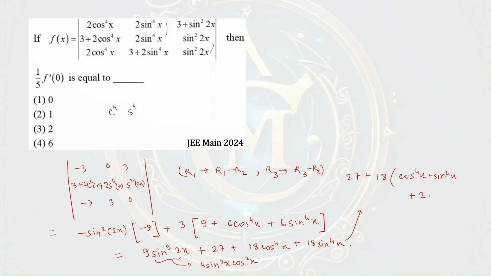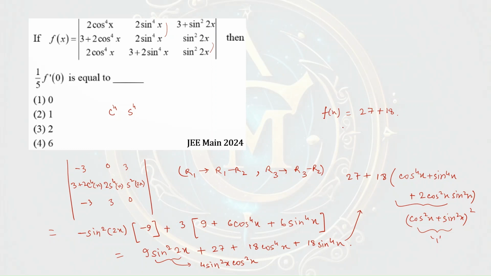So we can write 2 cos square x sin square x. Now this is nothing but cos square x plus sin square x whole square. So this becomes 1. So the determinant value, that is f(x), comes out to be 27 plus 18.